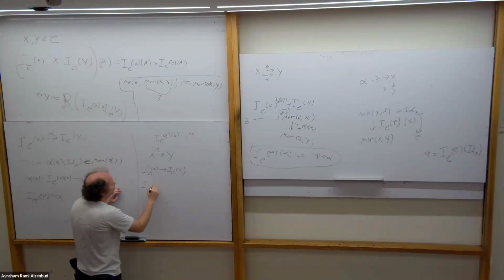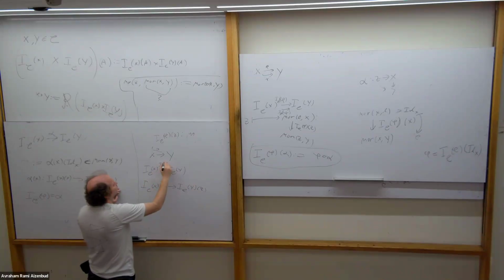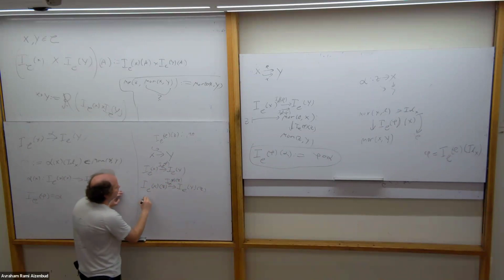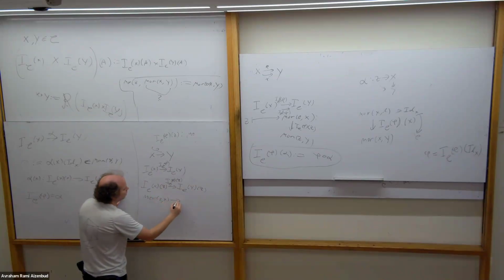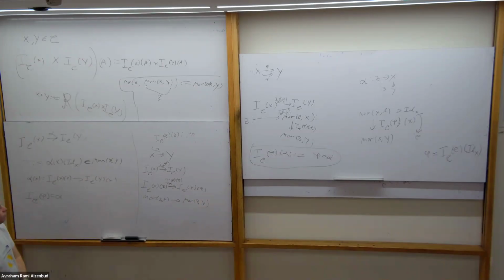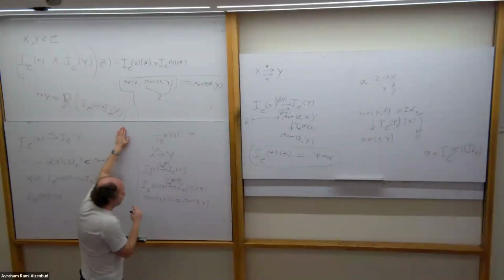So IC of X of z, IC of Y of z. So this is IC of phi. What is this? This is a morphism from z to X, and this is a morphism from z to Y. And how is it defined?